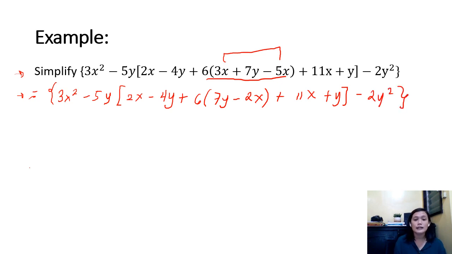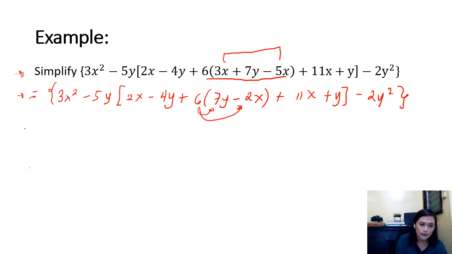Next thing is to get rid of the innermost parenthesis. That's our goal. So we need to get rid of this open and close parenthesis here. By how? We need to distribute positive 6 to each term inside the parenthesis.